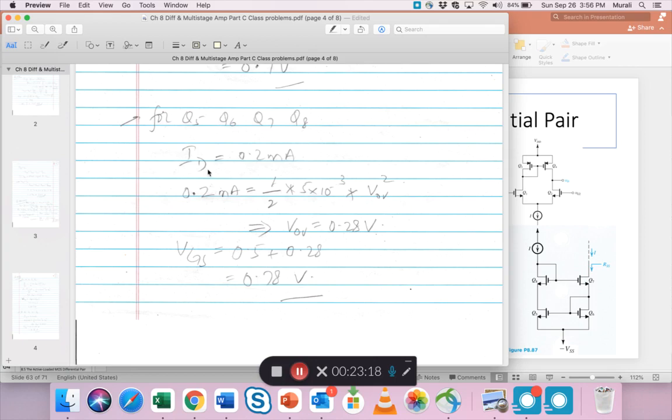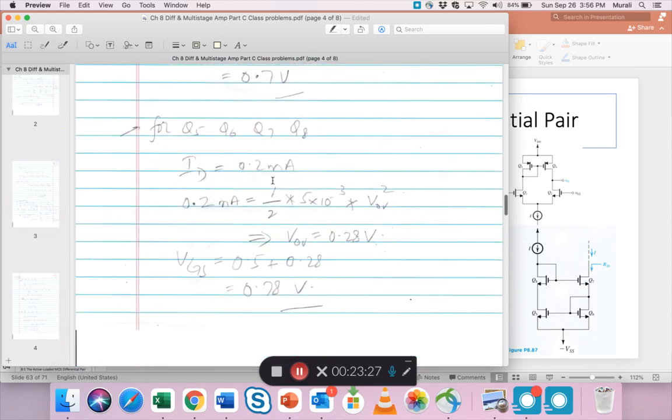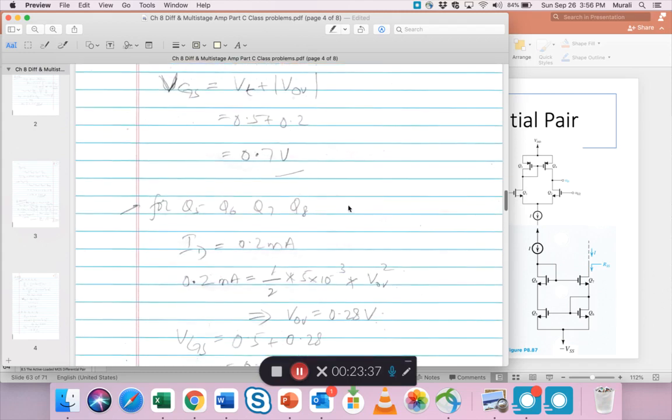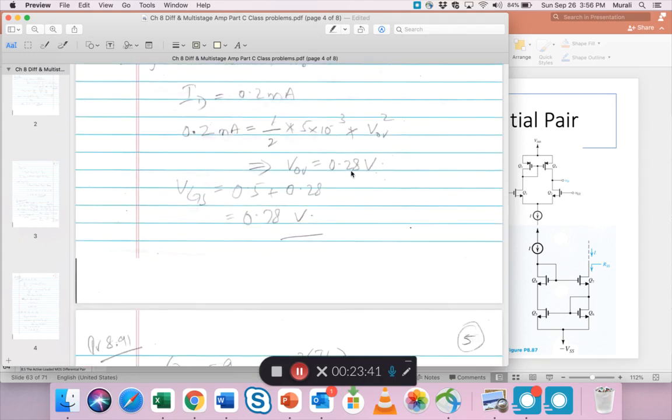So ID is 0.2. Here we took 0.2 by 2, here it's just 0.2. So 0.2 gives you this. So the VOV for these transistors is different, and it's 0.28. Here the VOV was 0.2, here the VOV is 0.28. So the VGS of these transistors is 0.78, right?